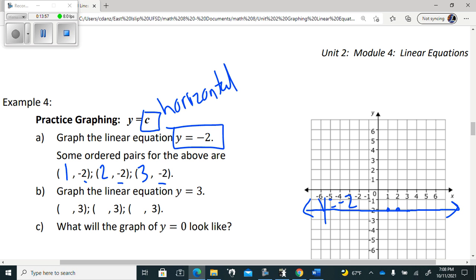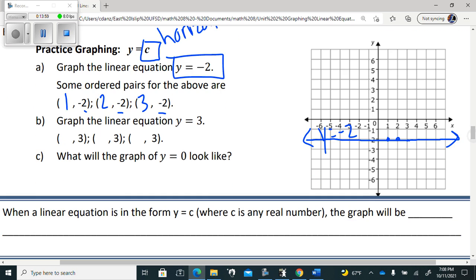And just like before, you don't even have to plot the points if you don't want to. Y equals 3 means it crosses the y-axis at 3. No, I'm not going to do that.